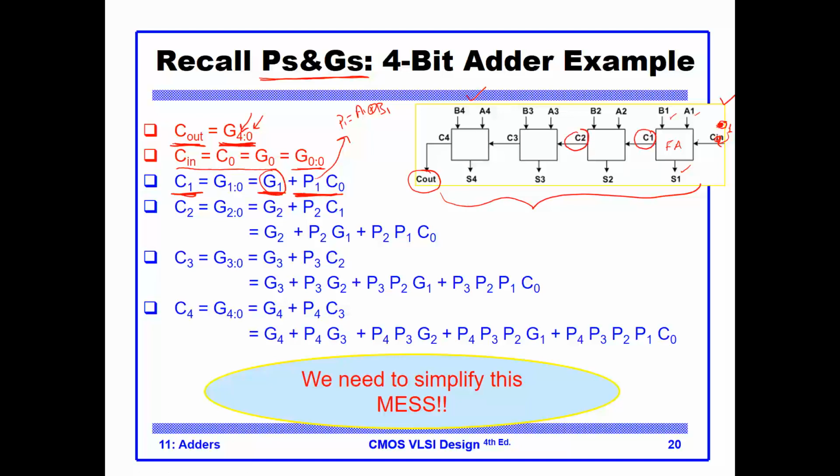Now let's see how I can generate C2. C2 is generated by a group generate from bit 0 all the way to bit 2. This happens by either one of two conditions.